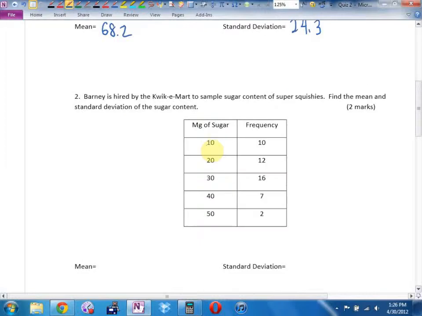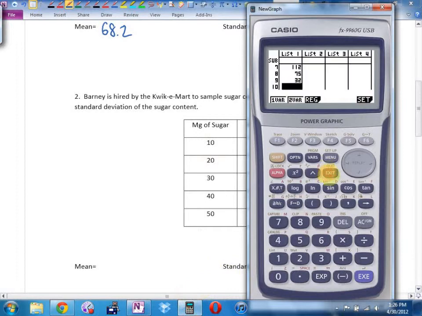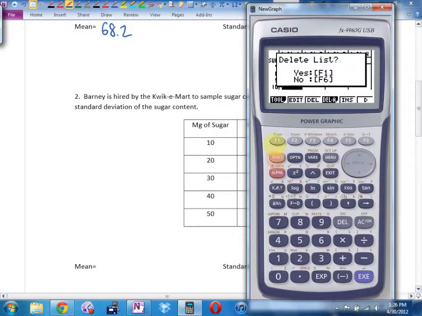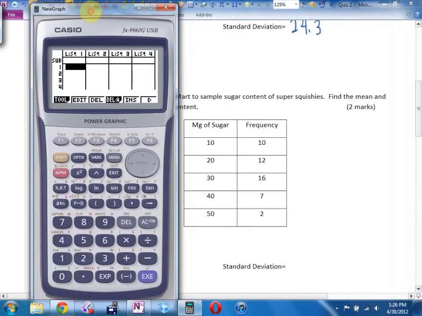Number 2, Barney is hired by the Quickie Mart to sample sugar content of super squishies. Find the mean and the standard deviation of the sugar content. Now they've given this to me as a frequency table, so I'm going to exit, arrow sideways, delete that whole list. And I'm going to type this list in, you could have typed it into list 2 and list 3, I guess, but anyways, 10, 20, 30, 40, 50, 10, 12, 16, 7, 2.